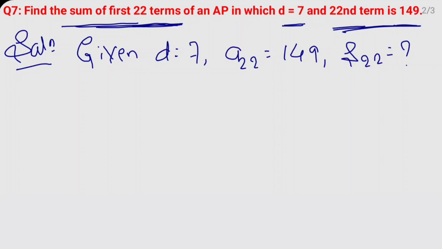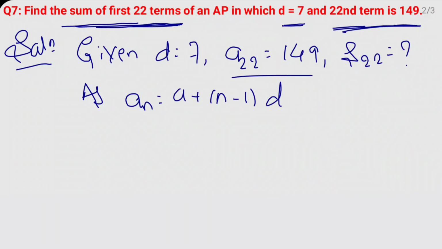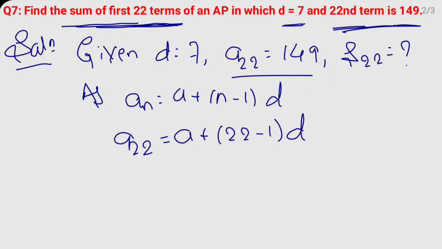Is it clear? Sum of means S22, term means a22. So now, as we know, an equals a plus (n minus 1) into d. So a22, where n is replaced by 22, is a plus (22 minus 1) into d.